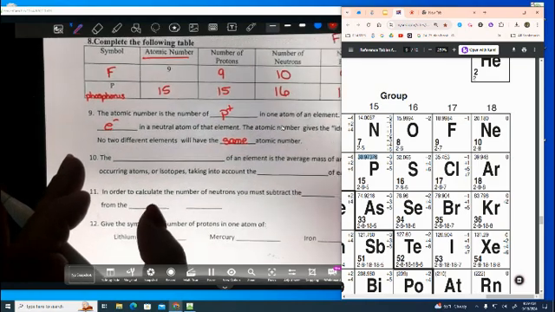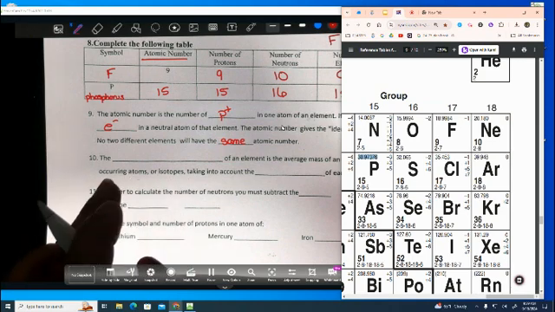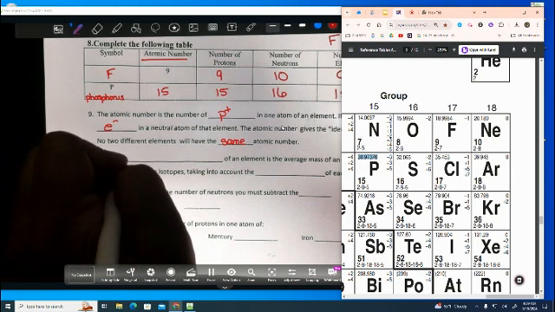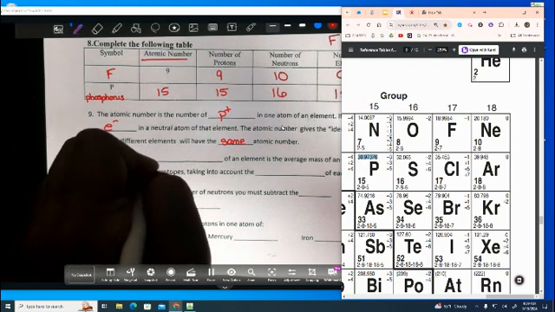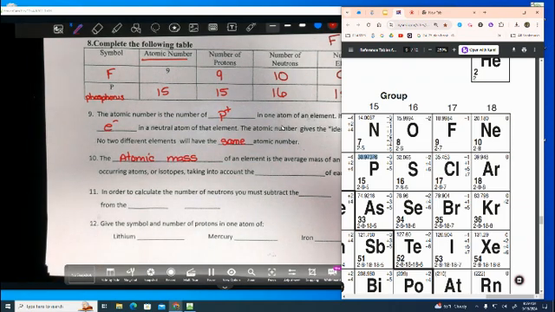All right, the blank of an element is the average mass of the element's naturally occurring atoms or isotopes. The what of the element? Atomic mass. I like it. Not the mass number. The mass number isn't exact. The atomic mass is the average. Okay?